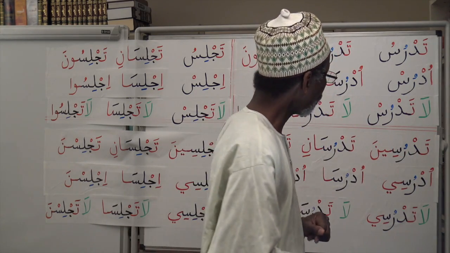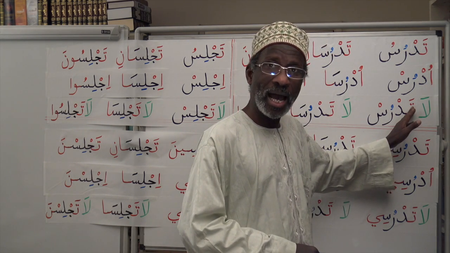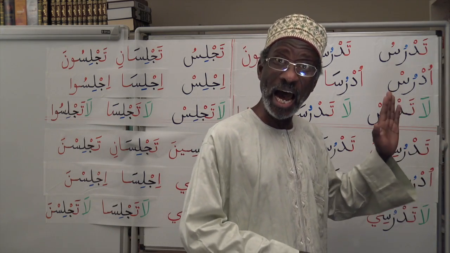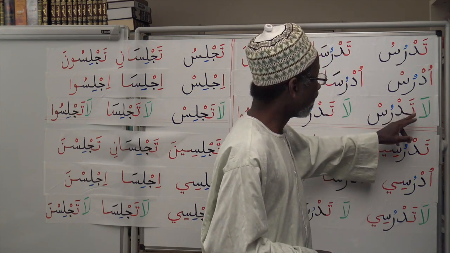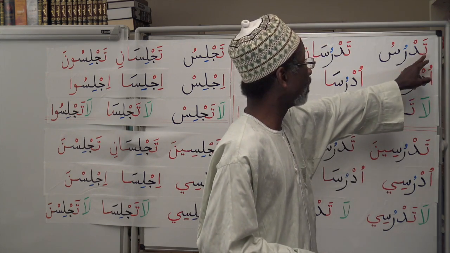Number one, the negative imperative has a new element, and that is la nahiya. That's the la of prohibition. You say la first. There's no la in the imperative. Secondly, the negative imperative preserves and retains the prefix of the present tense.